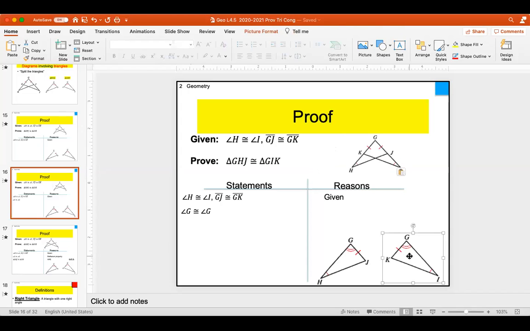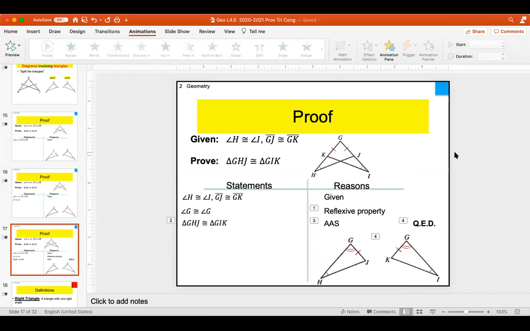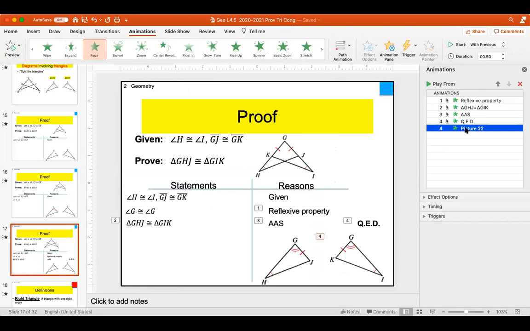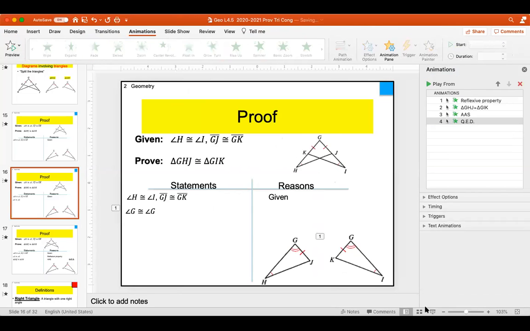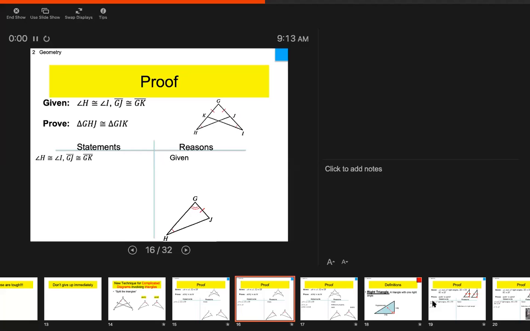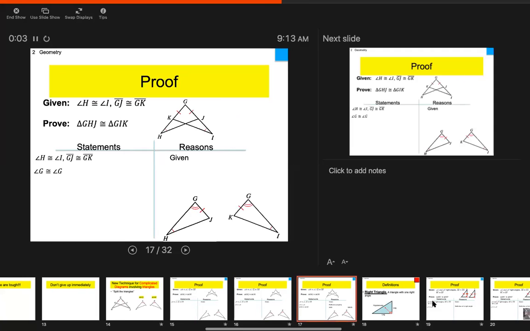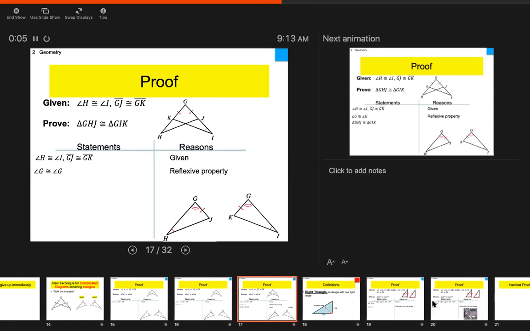And it's there. Why didn't it just not appear? No, I have no idea what I did wrong here. Picture. Boom. All right, now it's going to be nice. There we go. Yay. Okay, reflexive property.